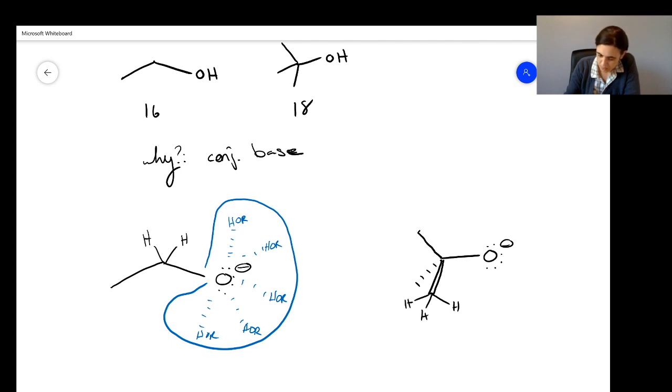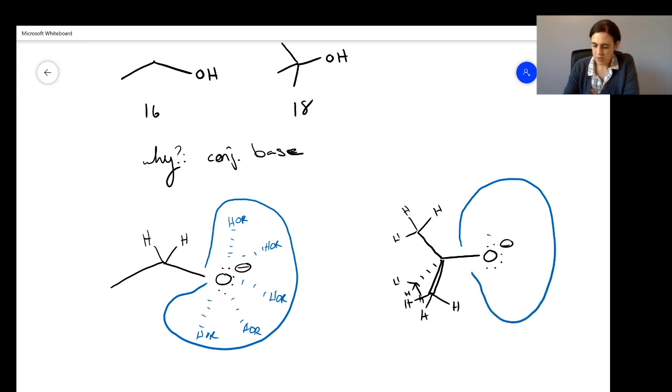So this is a fairly bulky group. That means that this molecule is going to have a smaller area in which it can interact with solvent.